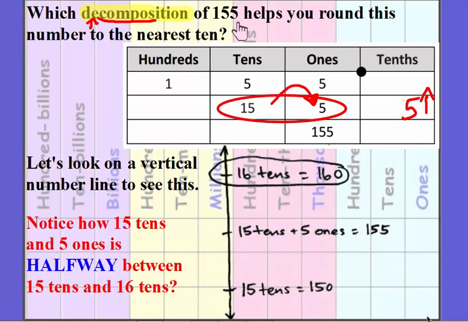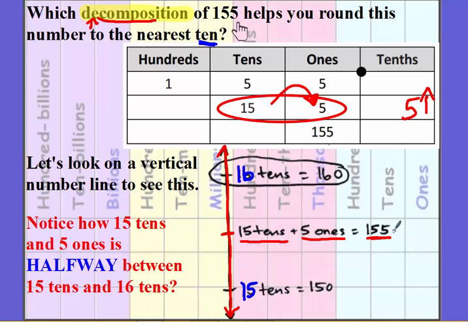Here I'm going to make it on a vertical number line. So what I have is my vertical number line up and down. And I'm going to just put that 155 right here, that 15 tens and 5 ones, just to show it equals 155. And now, I'm rounding to the nearest 10, so I'm going to put the larger 10 up top. That would be 16 tens, and the smaller one on the bottom, 15 tens.